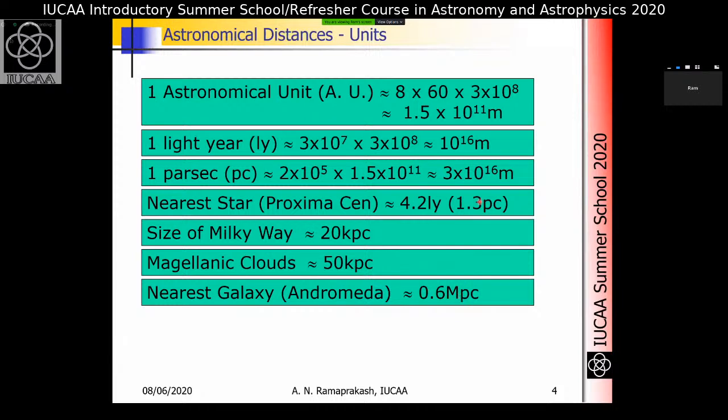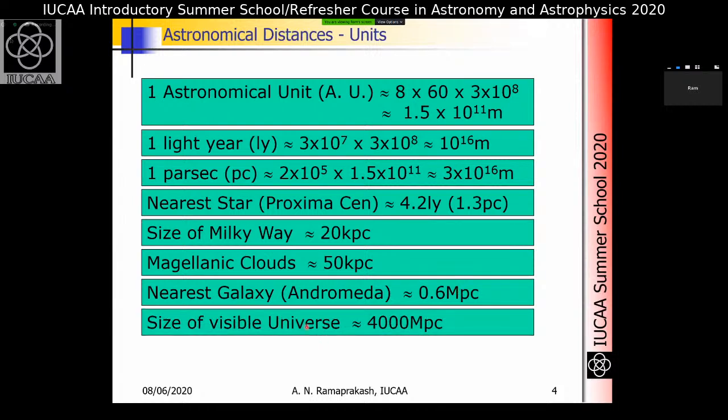So you can see that interstellar distances are of the order of parsecs. The size of the galaxy is of the order of several kiloparsecs. And the distance between galaxies is a factor of 1,000 larger. It is about a megaparsec or a few megaparsecs. So galaxies themselves are separated from each other by megaparsecs. The size of the visible universe as we can see today is another factor of 1,000.